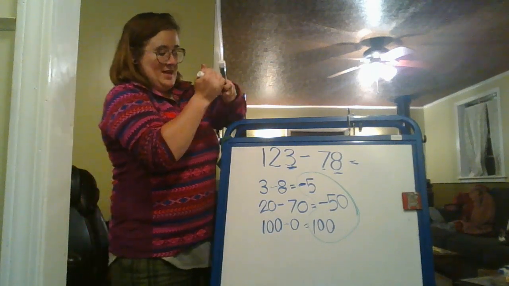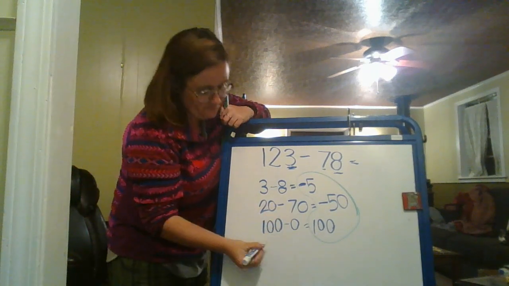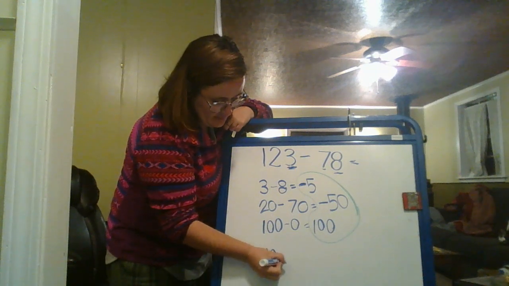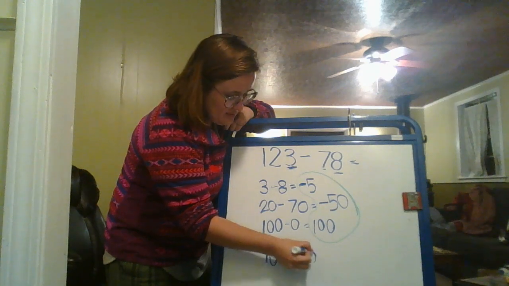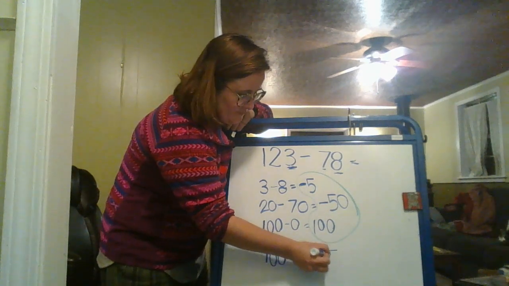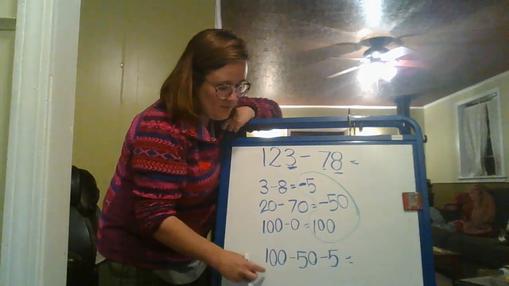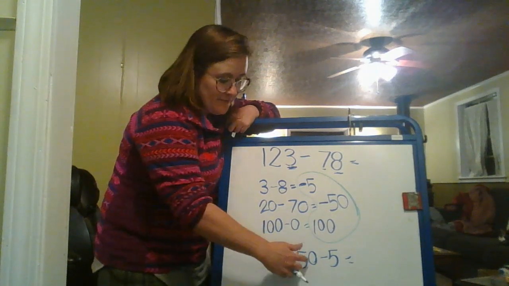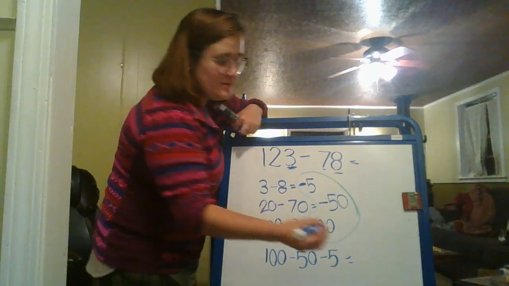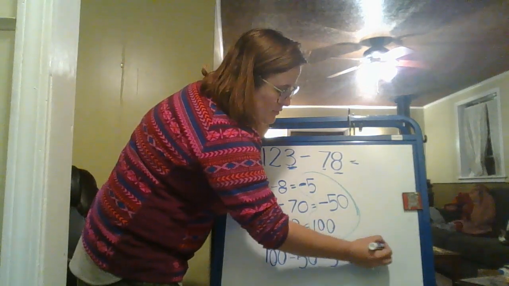So what I'm saying here is 100 minus 50 minus 5. 100 minus 50 is 50. 50 minus 5 is 45.